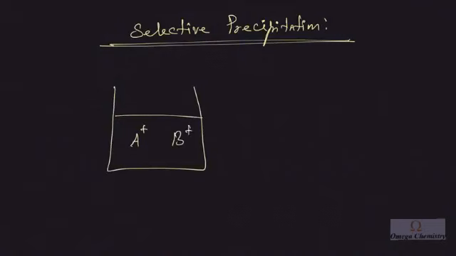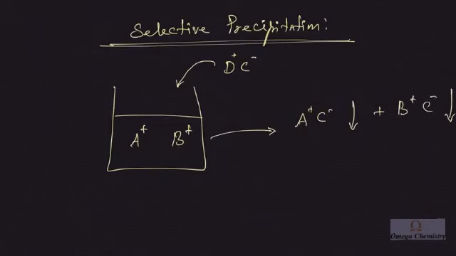So I have two cations, right? I am going to add a reagent that contains some DC. D is a cation and of course C is an anion. So the solution is going to be precipitated as A+C- and B+C-. You understand? I am going to get two different salts.